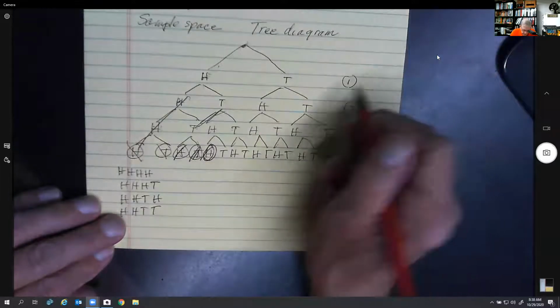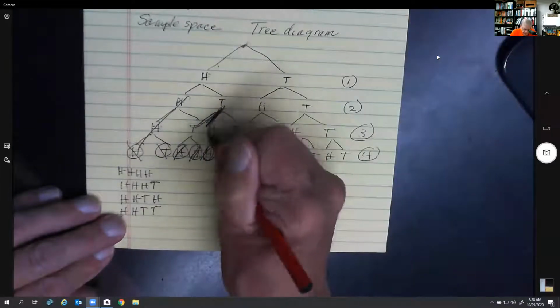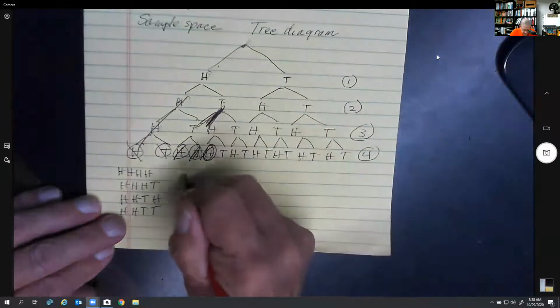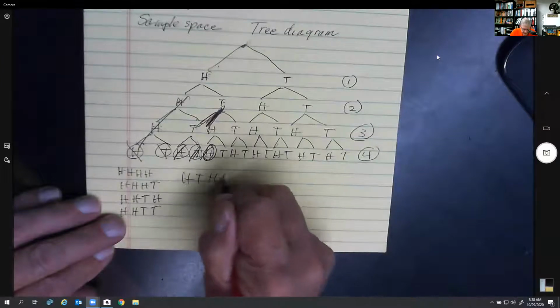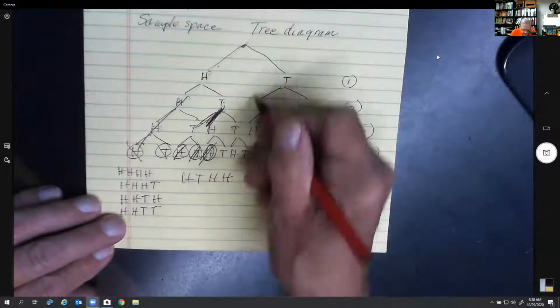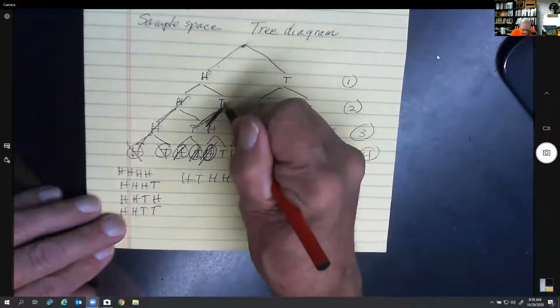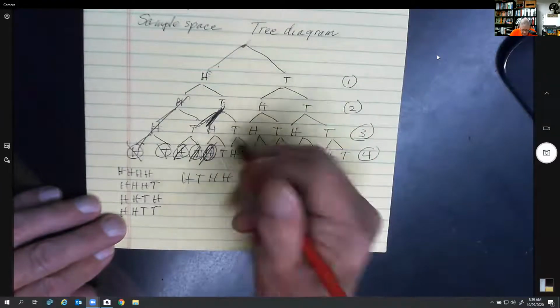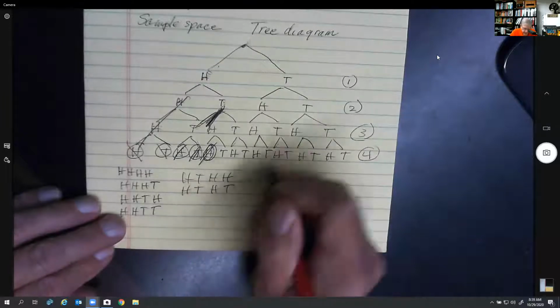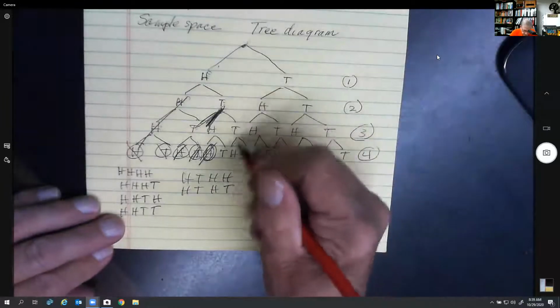Somehow I got a mess here. Here we go. Head, tail, head, head, and head, tail, head, tail. Takes care of that one. Head, tail, head, tail. All right, get rid of those.